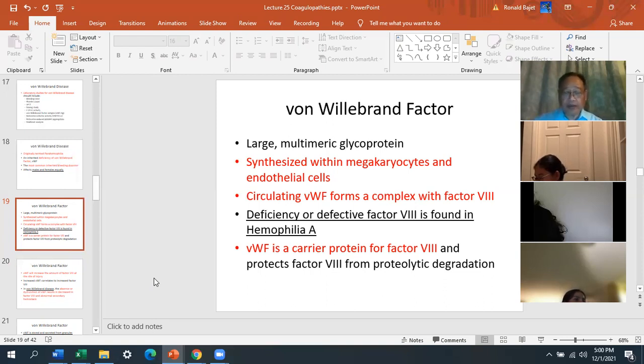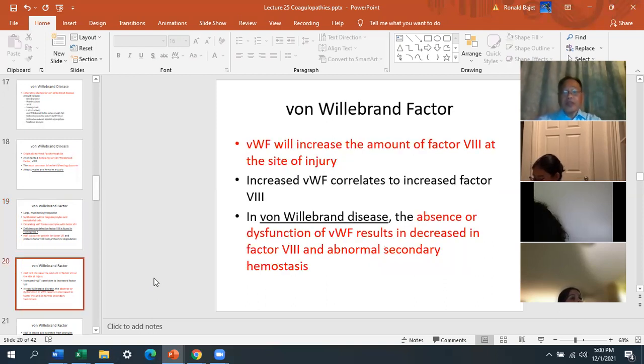Von Willebrand factor is a carrier protein for factor 8 and protects factor 8 from proteolytic degradation. Because those two are complexed with each other, at the site of injury the von Willebrand factor will be nice enough to deliver the factor 8.